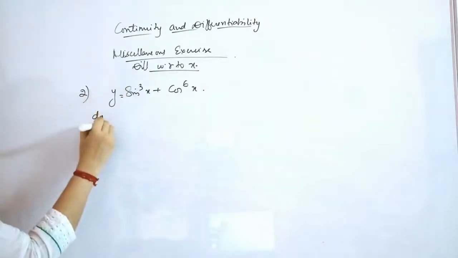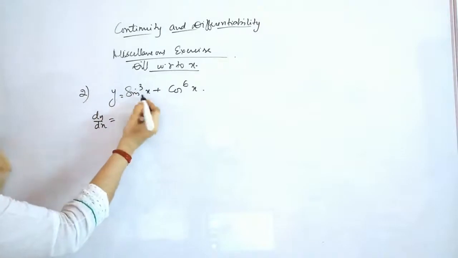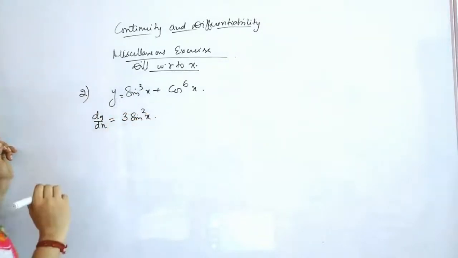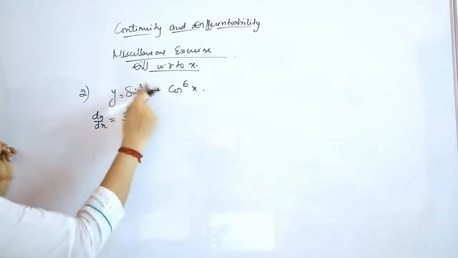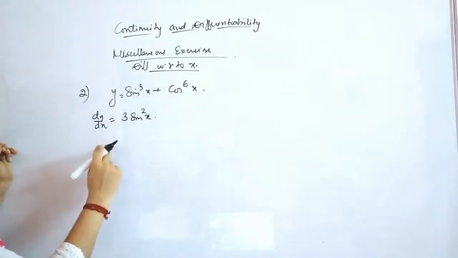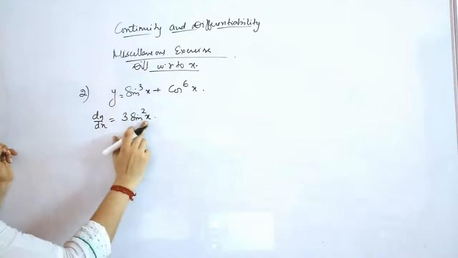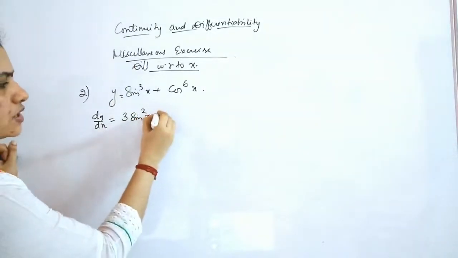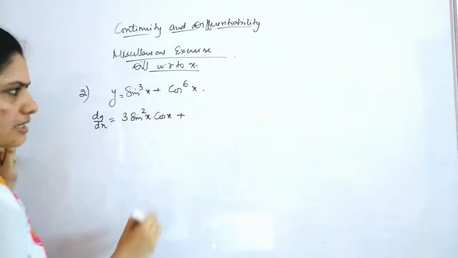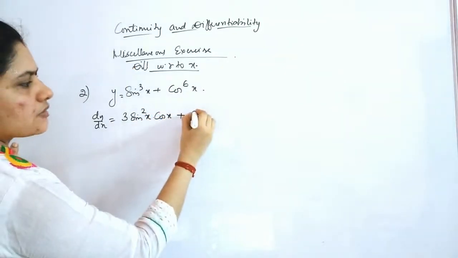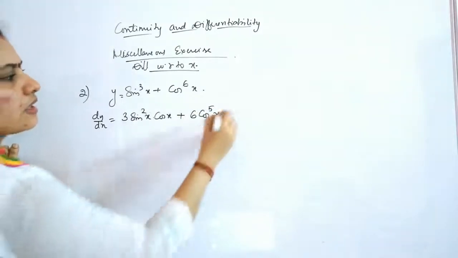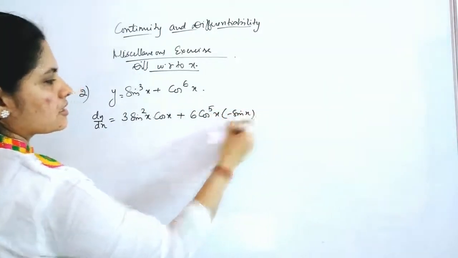That is, dy/dx will give you, sin cube x will give you 3 into sin square x, as it is x cube means 3x square, so 3 (sin x)² into the derivative of sin x, which is cos x, plus again cos raised to 6 will give you 6 cos⁵x into the derivative of cos, which is minus sin x.